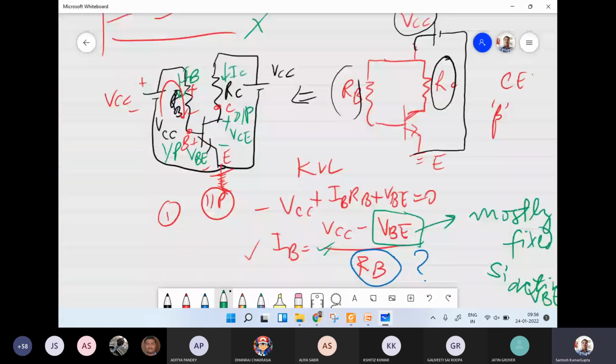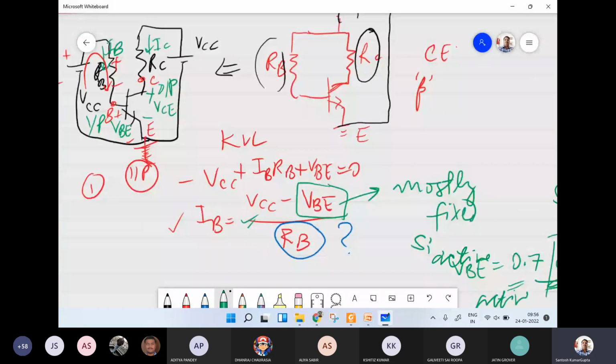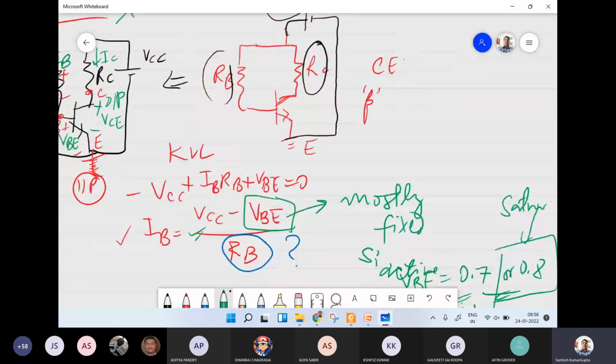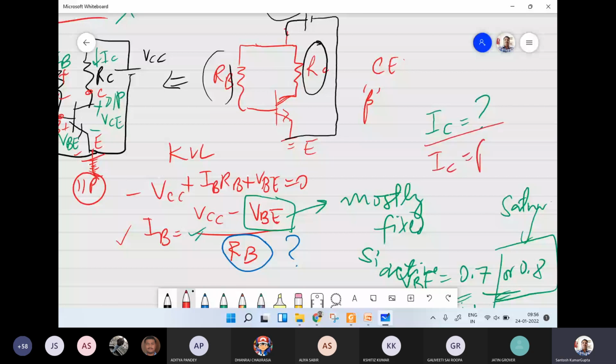So once we know IB, from the knowledge of IB, we can find out the IC. How can we find out the IC? We have learned that IC is equal to almost beta times IB in the common emitter configuration. So using this equation, one can use beta times IB.